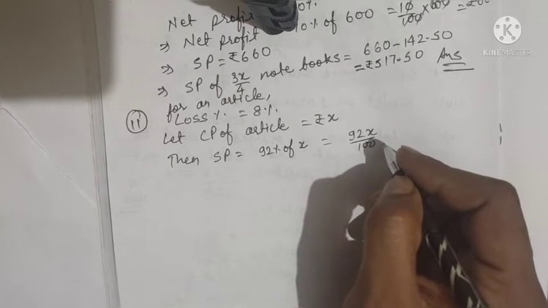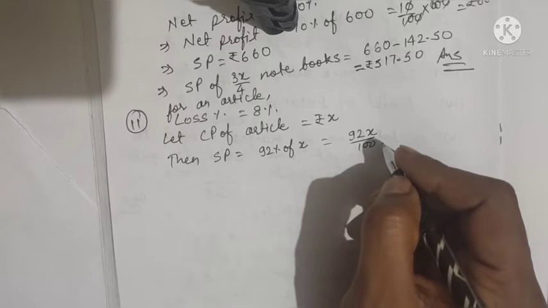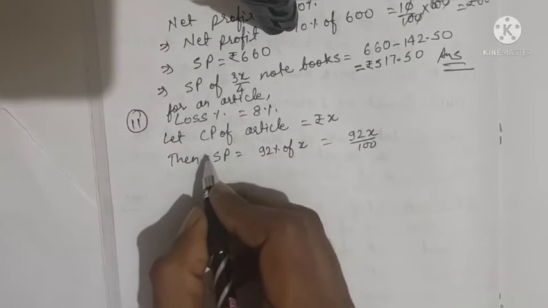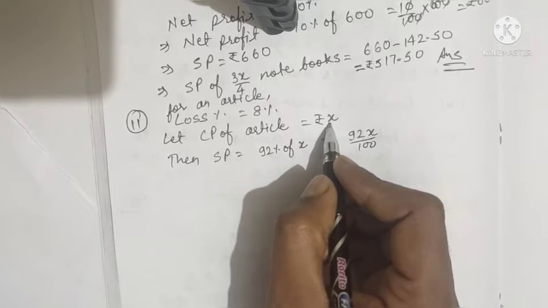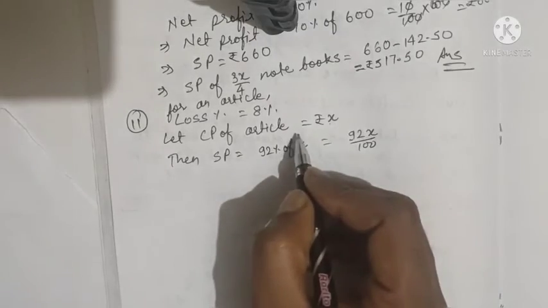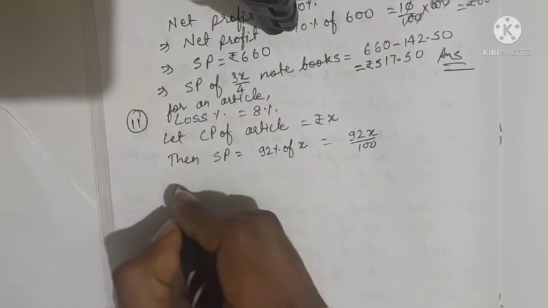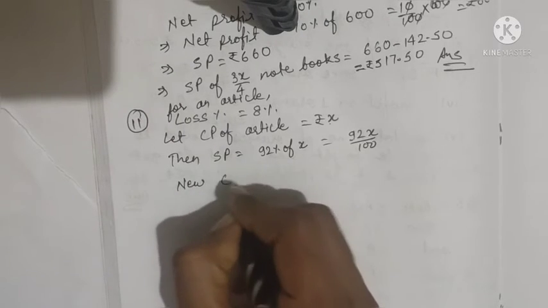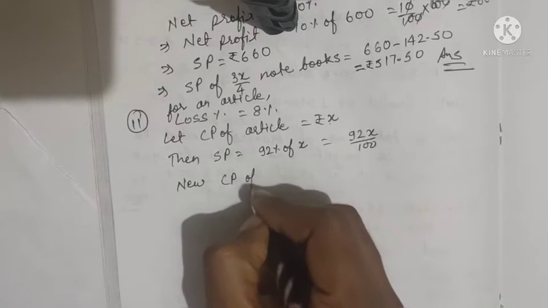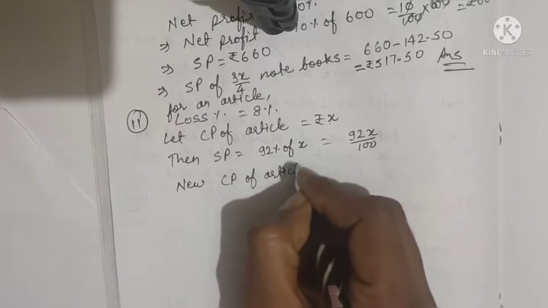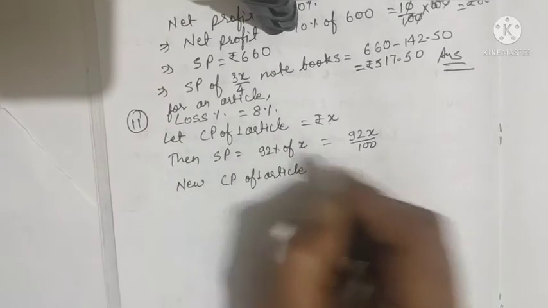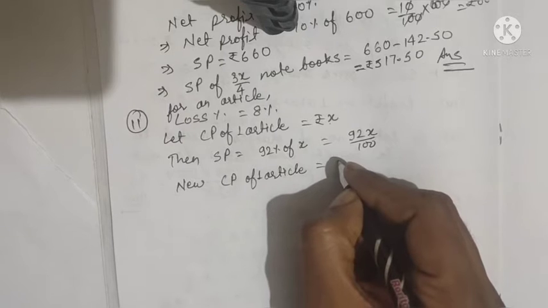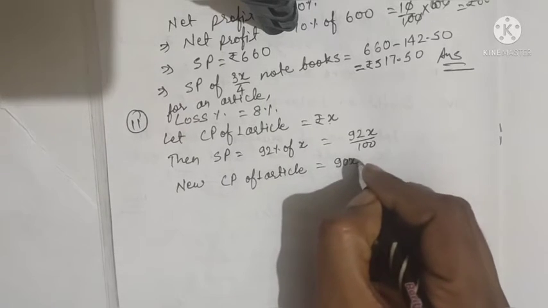Now it is said that if she bought it at 10% less, that means the actual CP is X. If she bought it at 10% less, then it will be 90% of X. So the new CP of one article will be equal to 90% of X, meaning 90X by 100.